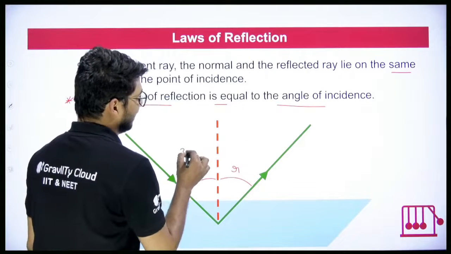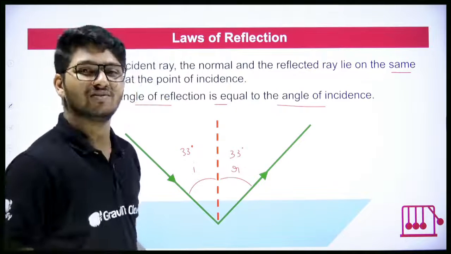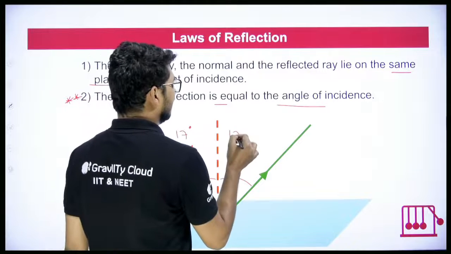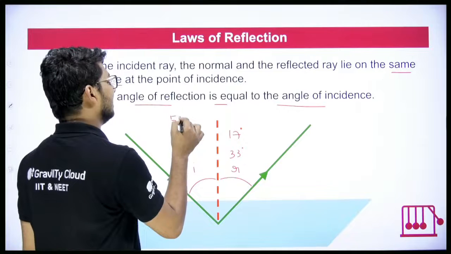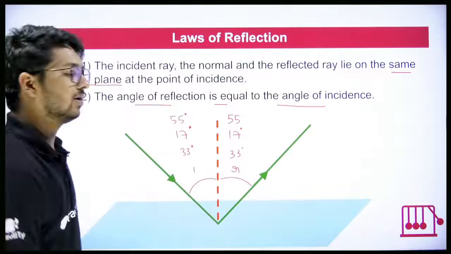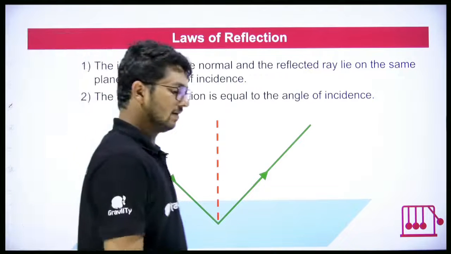That means if I is 33 degrees, R will be 33 degrees. If I is 17 degrees, R will be 17 degrees. If I is 55 degrees, R will be 55 degrees. Both of them will be equal. Got it? Second one is pretty simple.